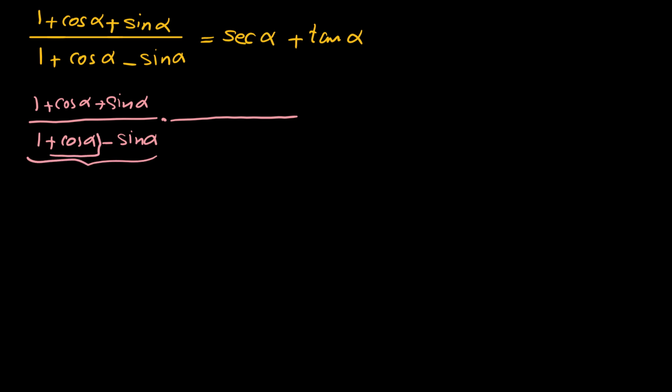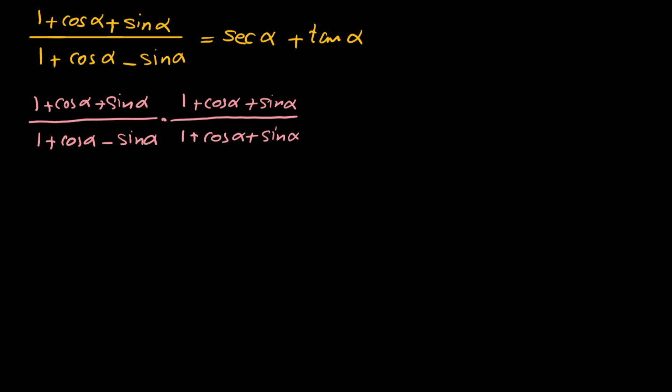Suppose this as the first term and this as the second term, and so the conjugate of the denominator is 1 plus cosine alpha plus sine alpha. So we multiply the numerator and denominator by this expression, which is the conjugate of the denominator.